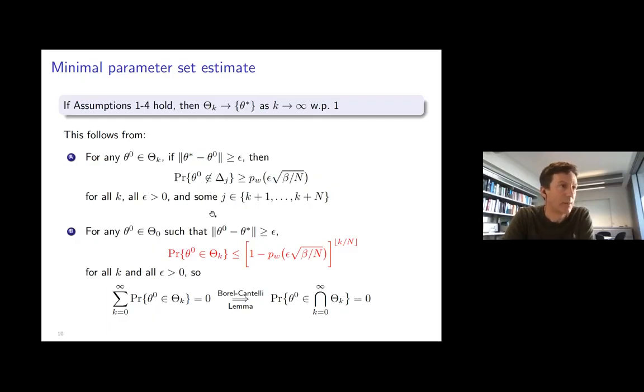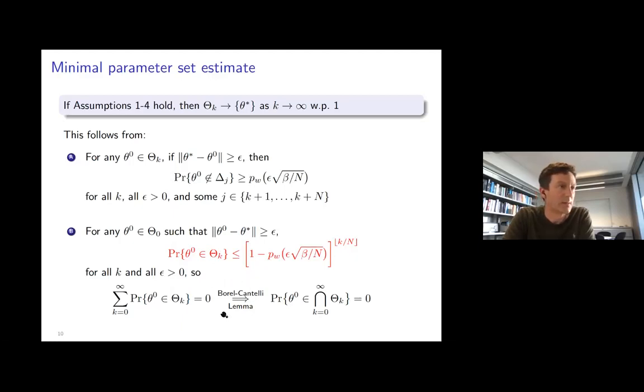Then based on this probability, we can get a bound on the probability that any given parameter value doesn't belong to the parameter set estimate after k time steps, whenever this parameter value is greater than a certain distance away from the true system parameters. And you'll notice here that as k tends to infinity, the quantity on the right-hand side tends to 0, so we get a convergence in probability type of result.